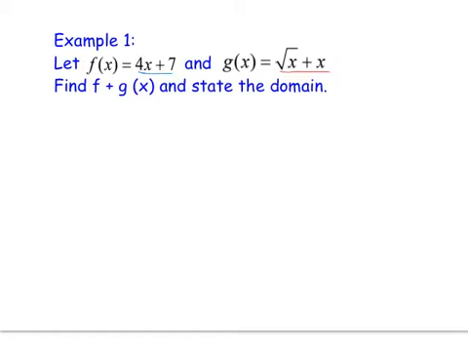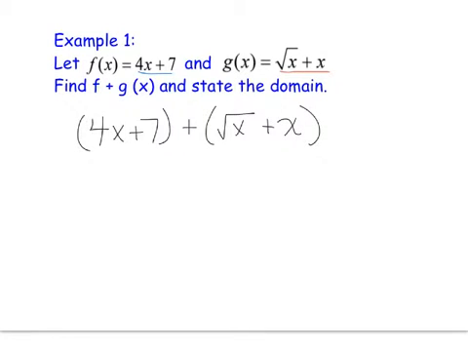So I'm going to write that as 4x plus 7 plus square root of x plus x. And all I'm going to do here is find like terms. Well, my like terms are 4x and 1x.